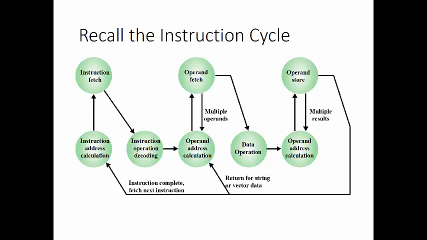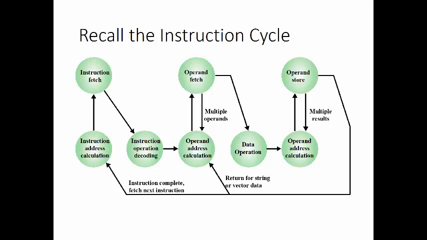So the main idea is to calculate the address, fetch the instruction, decode the instruction and calculate the operand address for this, fetch the operands, perform the specified operation, and then store the results, or put more simply, fetch, decode, and execute.